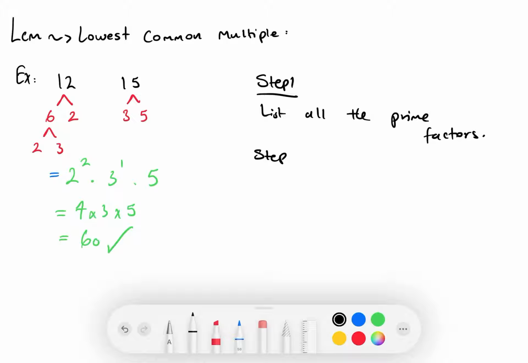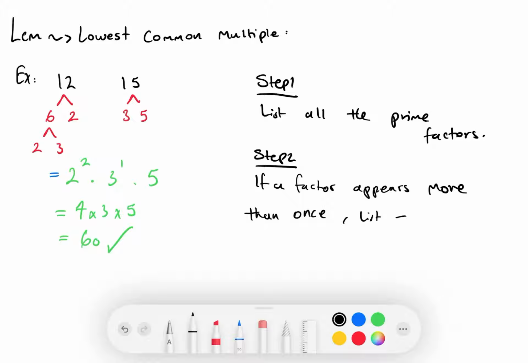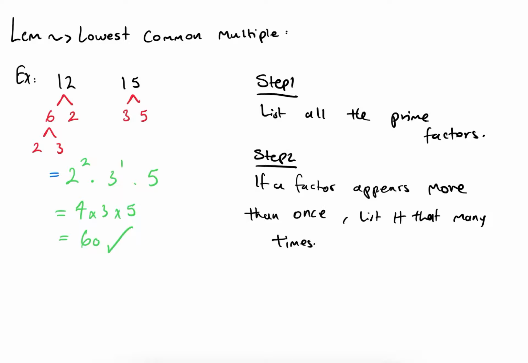So step 2 is if a factor appears more than once in one of the numbers, list it that many times. And the final step, step 3, would be to multiply those factors together to find what your LCM is. Let's go ahead and take a look at another example.